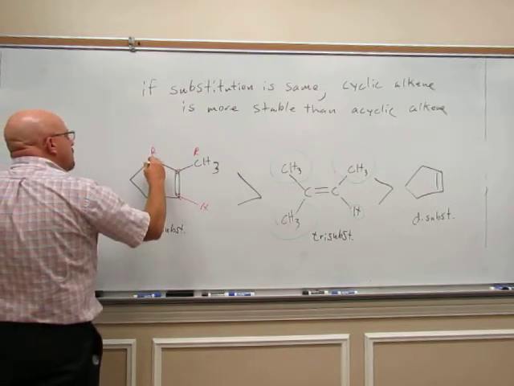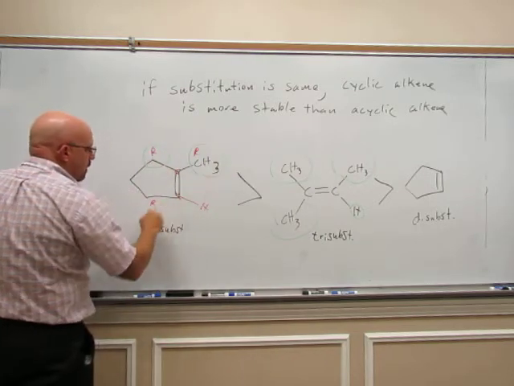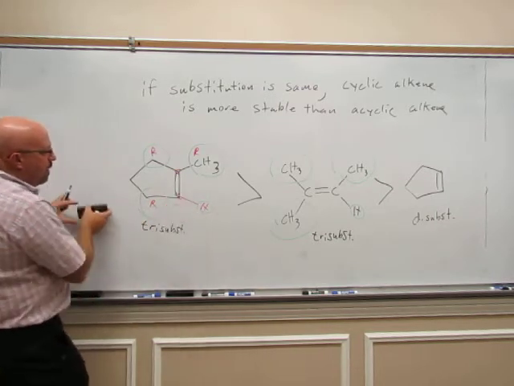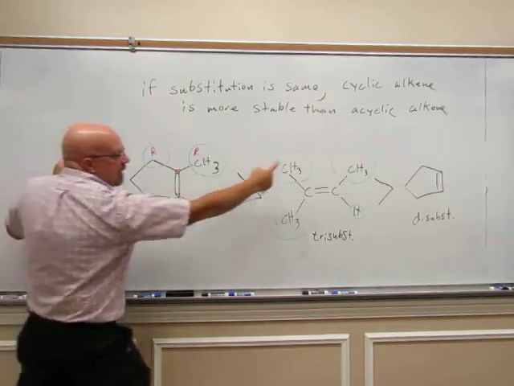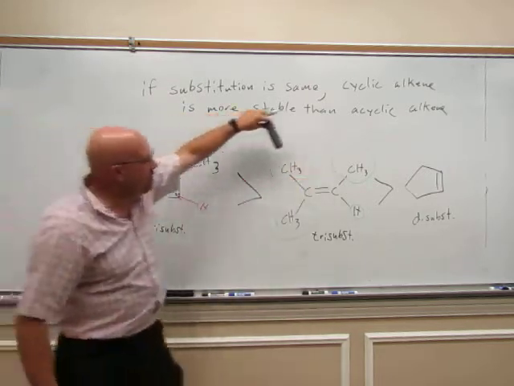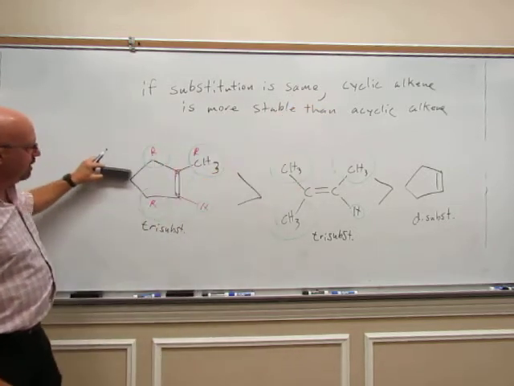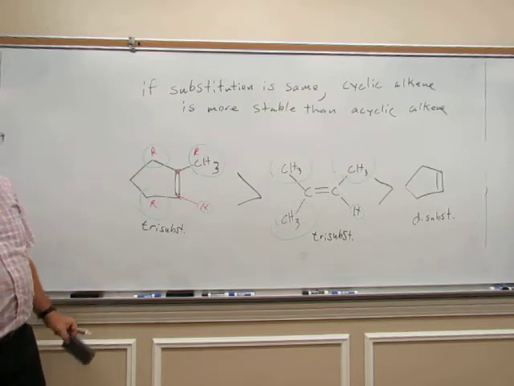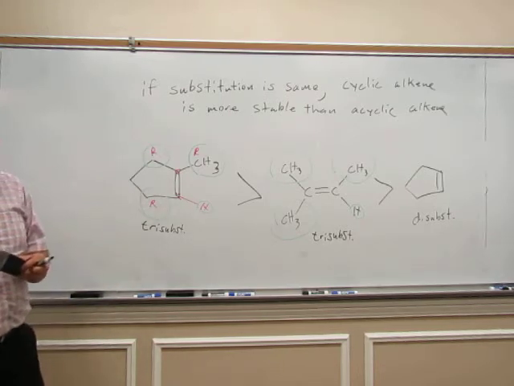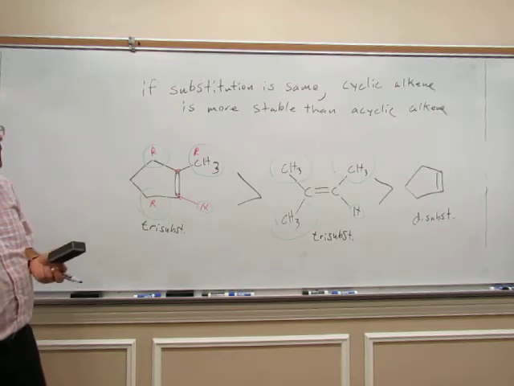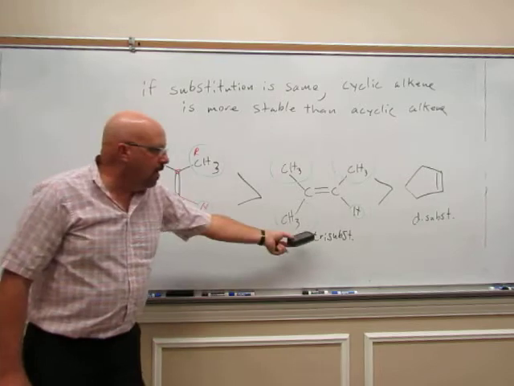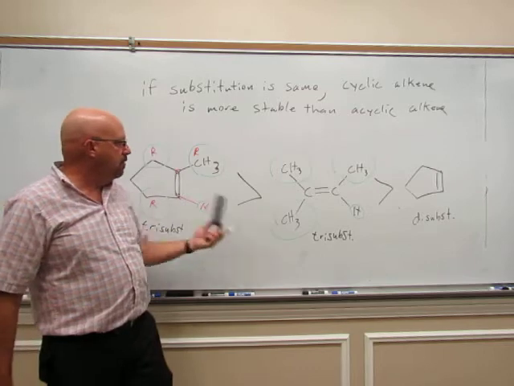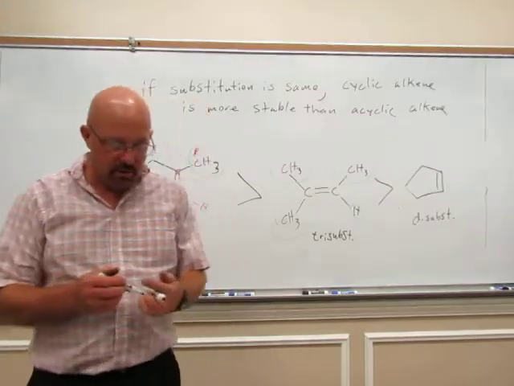But over here, got the three R groups and the little tiny hydrogen. Yes, no trouble getting in on this side, but if you get between the two R groups like I did up here between the two methyl groups, it could squeeze in there. Here, you got the ring in the way. It can't even squeeze in between there. So that ring provides a little bit more protection. So again, substitution part's the most important. Tri-substituted always beats the di-substituted, but if you have a tie, you're more stable in the ring. Questions on that?